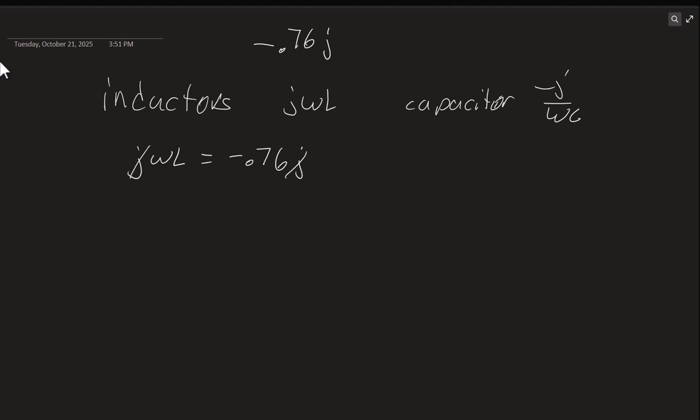The j's cancel. Omega is 1,000. 1,000 L equals 0.76. Divide by 1,000, and we get 0.76 millihenries is the component that we needed to add.